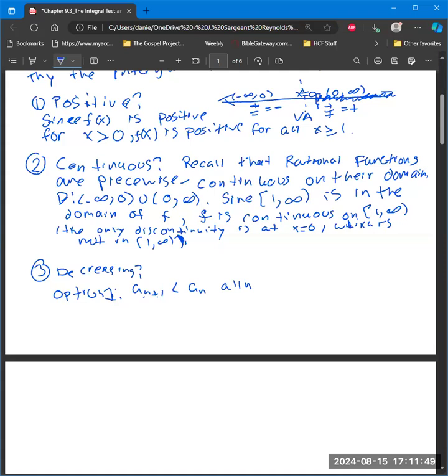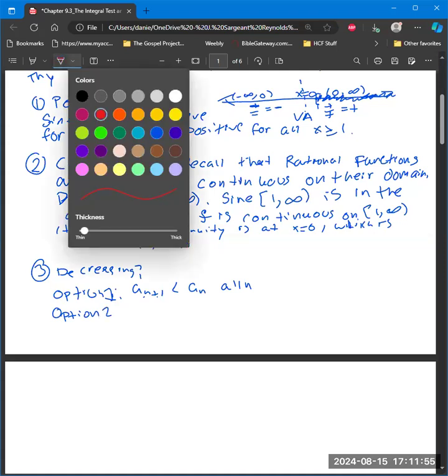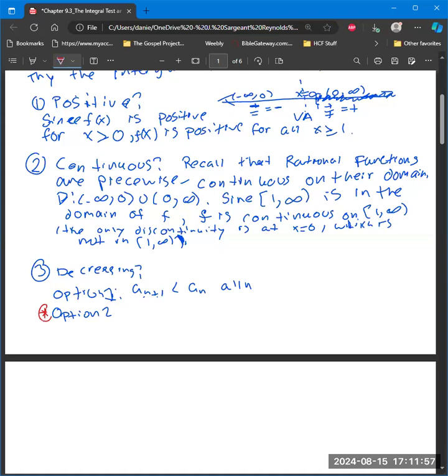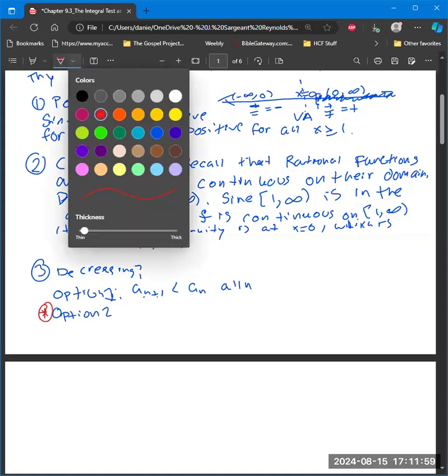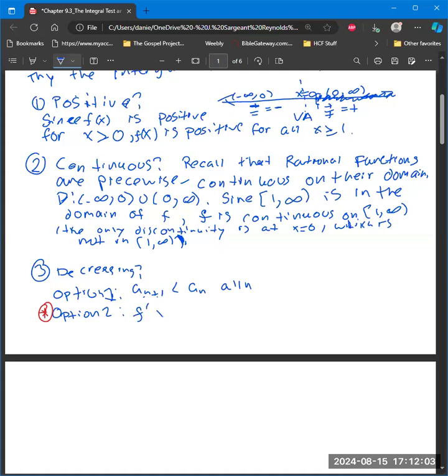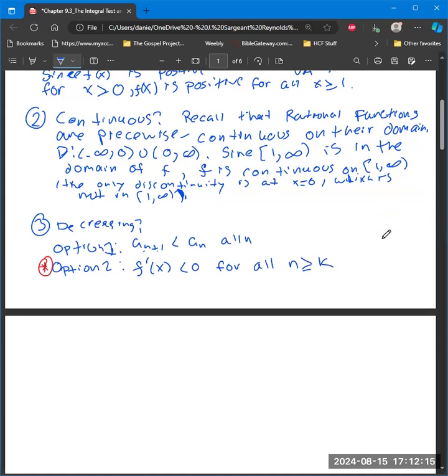Option 2, which is the one that I like. So I'm going to put a star next to this, is to show that f prime of x is less than 0 for all x greater than or equal to our k value of interest, which is 1 here.